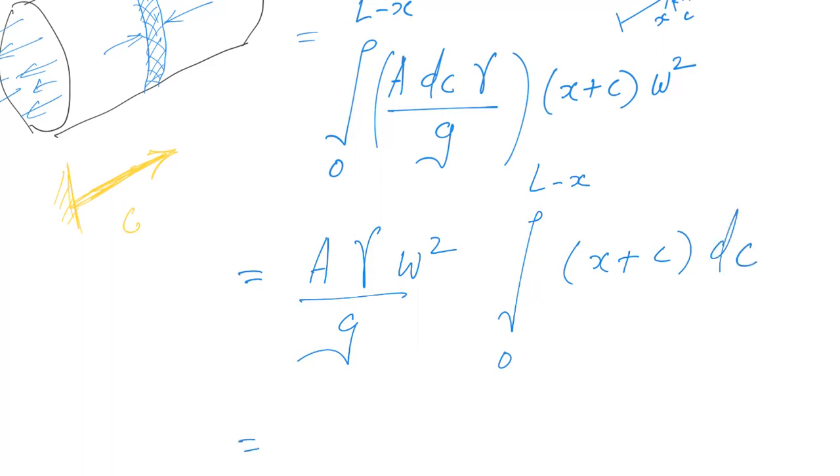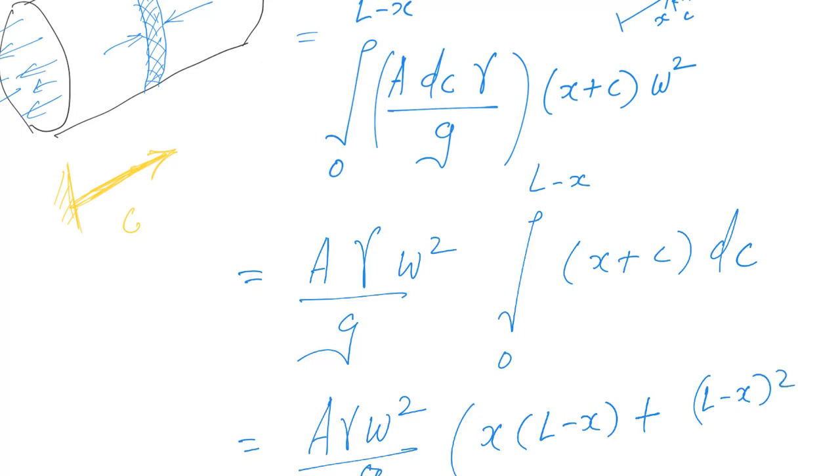If you do this, then you will end up with an expression like this: A gamma omega square by g into x into L minus x plus L minus x whole square by 2.